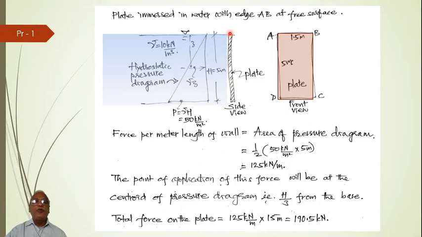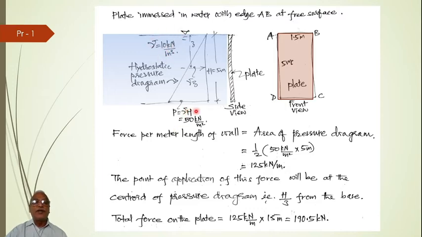Now if I try to draw the pressure diagram for this, there is standing water at the top. Obviously, just now we have seen that the pressure diagram will be a triangular variation, and at any depth Z it will be gamma into Z. Because there is a height H right up to the bottom, the pressure will be P is equal to gamma into H. Now let us consider gamma as 10 kilonewton per meter cube.